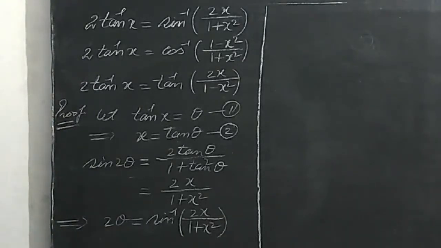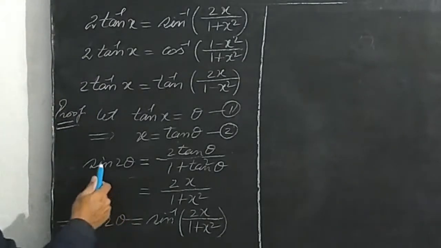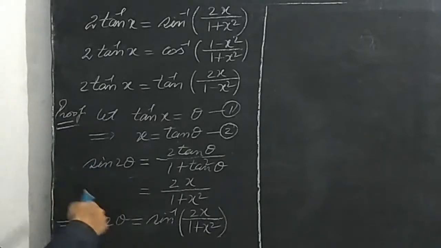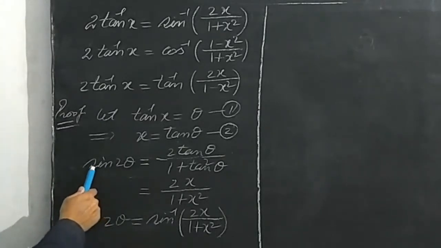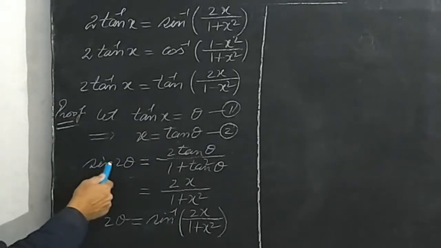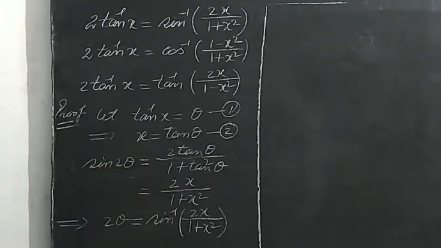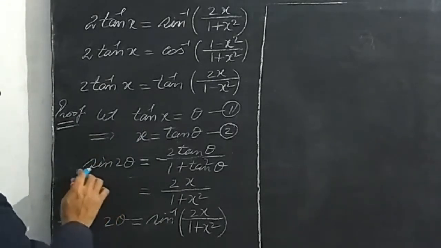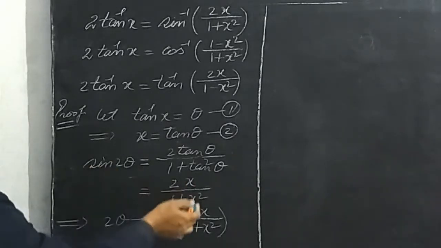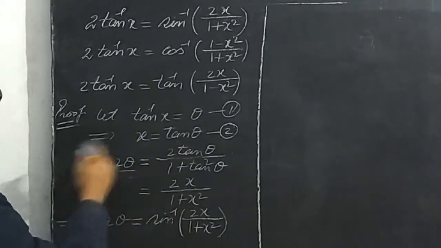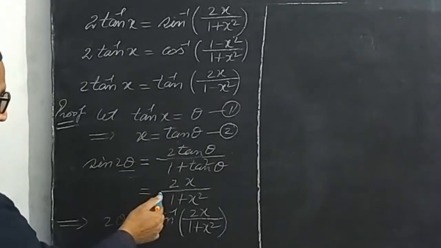Or simply for remembering, you may consider this algorithm: whenever you transpose any circular trigonometric function to the other side of equality, it becomes inverse. So simply in order to remember, just keep it in mind. Sine is transposed, leaving only the angle, so it becomes inverse on the right hand side.